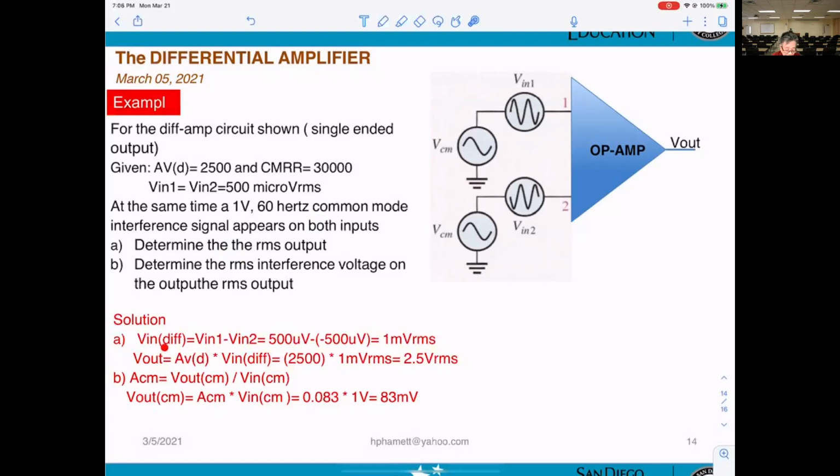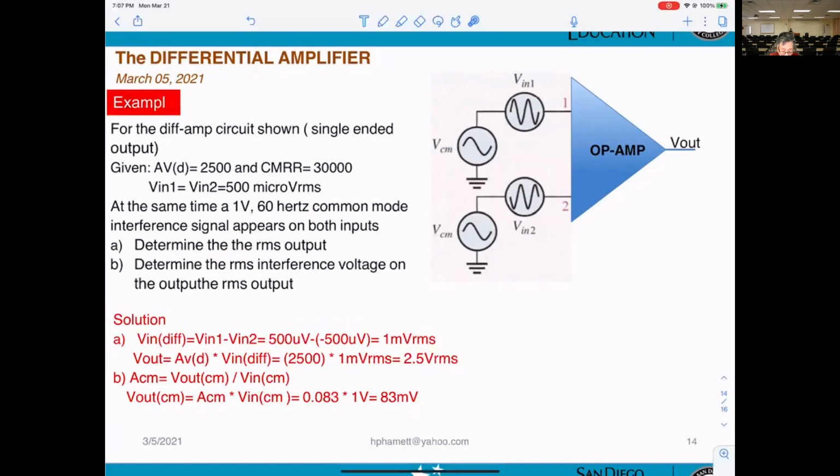Vin equals Vin1 minus Vin2. Each one is 500, so the first one is 500 microvolt minus the second one, which has to be opposite to the first, so you get minus 500 microvolt.